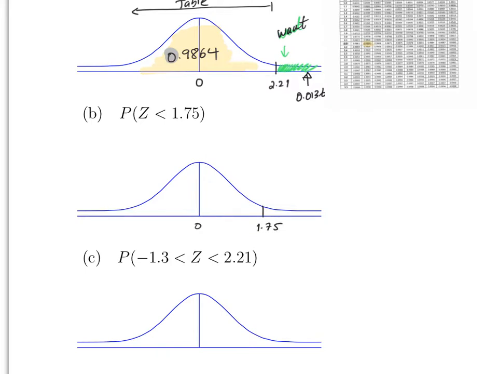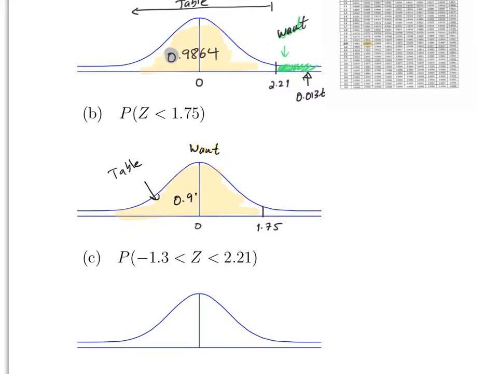Okay, so less is this part. So now what you want is the yellow area. Well, if you look to the table for 1.75, you should check this by yourselves now.